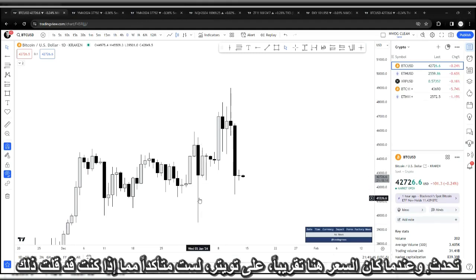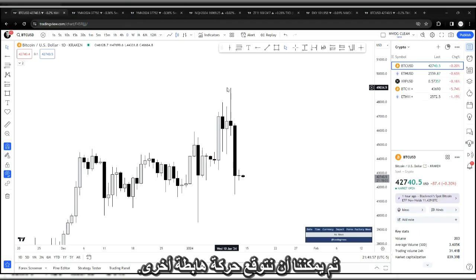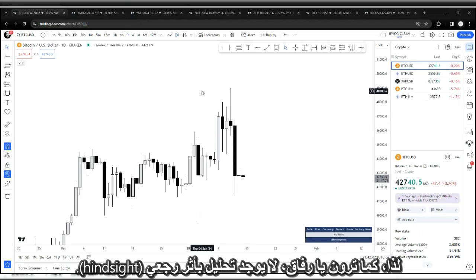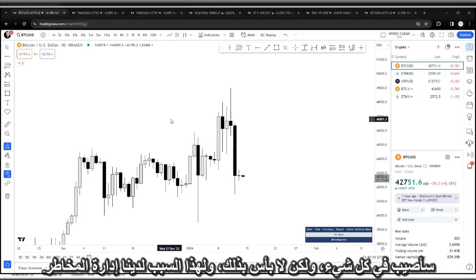And when price was around here, on Twitter, I'm not sure if I said it in the video, I stated that we should expect the late shorts to be taken out, and then we can expect another down move. So as you guys can see, there is no hindsight in place, and my accuracy, even though it's good, it's not perfect. It's not every time that I will get everything correct, but that's okay. That's why we have risk management.